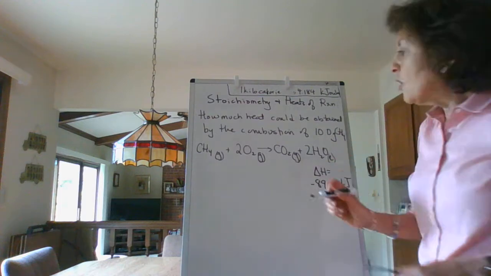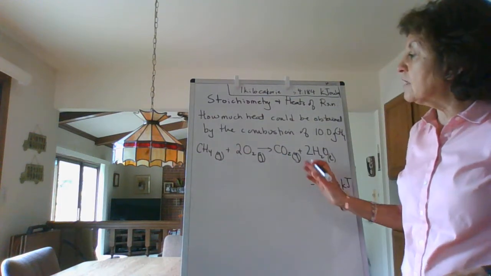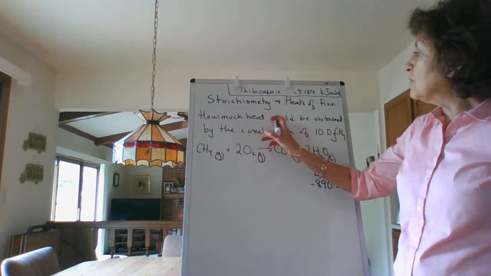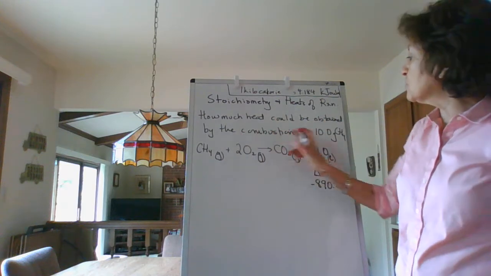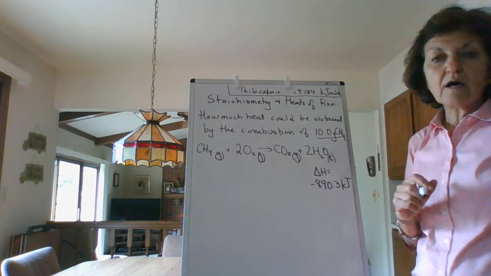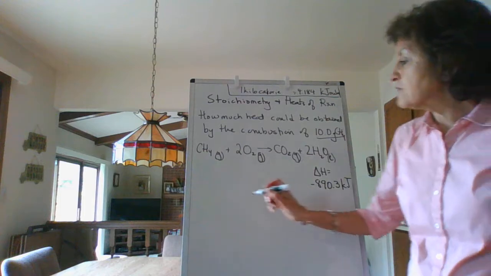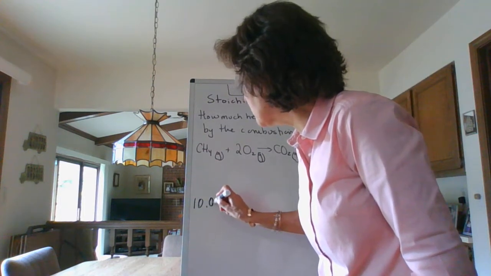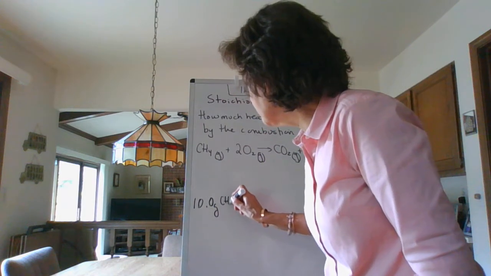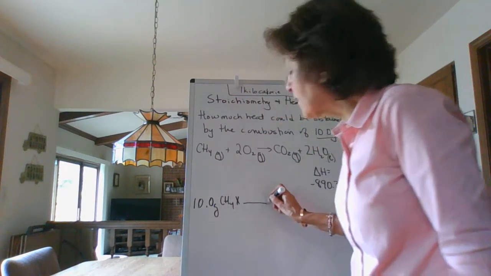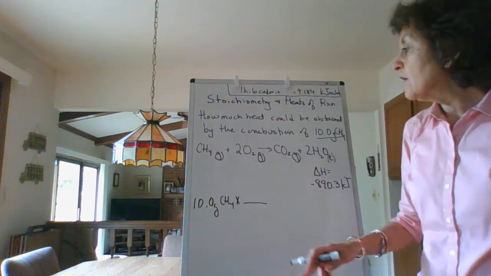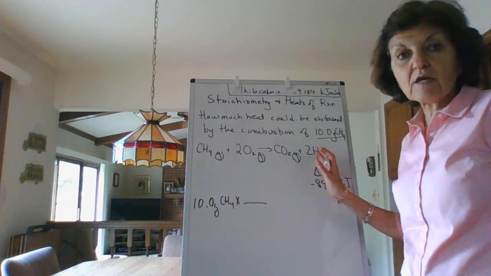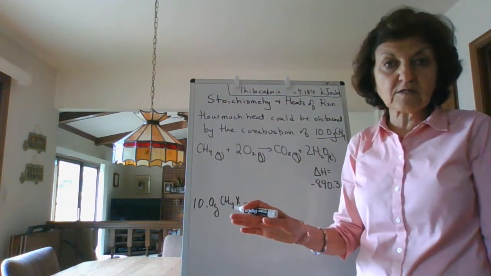All right. Okay, so this is our balanced equation, and what is the question? It says, how much heat could be obtained by the combustion of 10 grams of methane? All right, so we're going to start off by writing 10.0 grams of methane. Now, just like regular stoichiometry, we compare everything using the coefficients of the balanced equation.